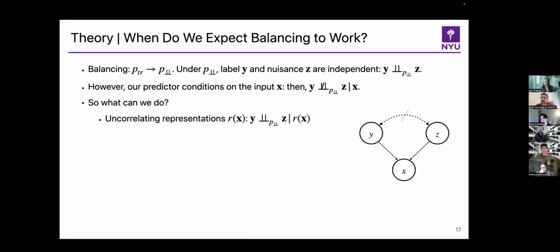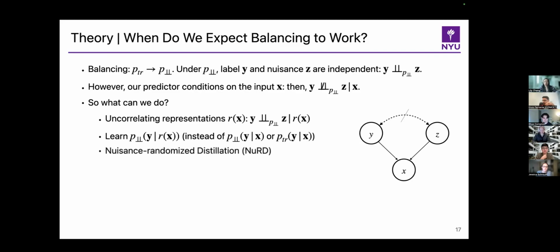So based on this insight, one simple thing you can consider doing is, instead of considering X, coming up with a representation R of X such that this conditional independence continues to hold. We call these representations uncorrelating representations, and we show that the predictor P of Y given R of X under this balanced distribution has performance guarantees when other predictors, such as the ones we had previously described, do not necessarily.